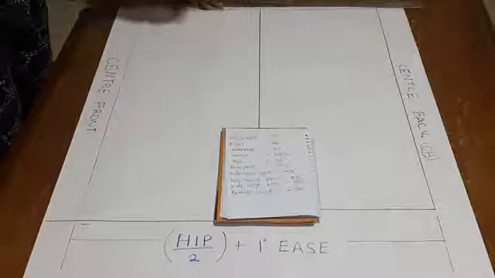I mark my 7 inches here. I do likewise for the back. Beginning from point O along the top line, I input my shoulder size, which is 14 divided by 2, which gives me 7. Now, the human body is not straight, but slanting.